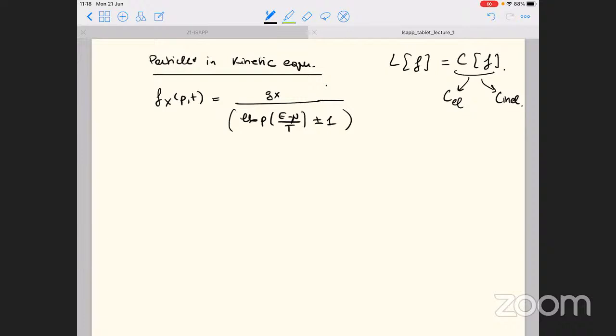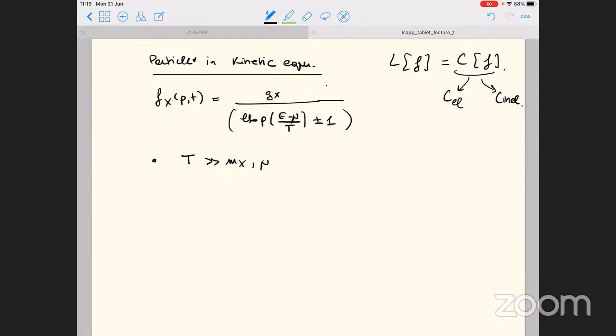I said before that my number density and my energy density are just integrals of this distribution function times the energy or not. Just to refresh your mind, because I guess you have already seen that, let's see what happens in the relativistic limit and in the non-relativistic limit. In the relativistic limit, I'm going to assume that the temperature is much higher than the mass of my particle and the chemical potential.